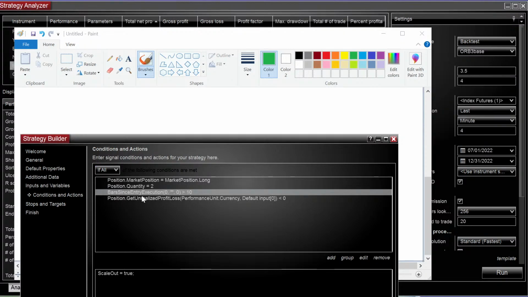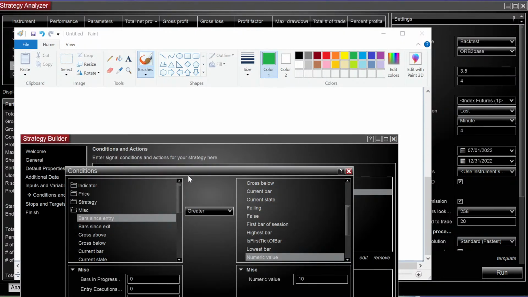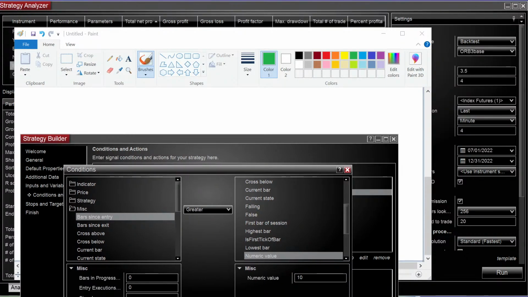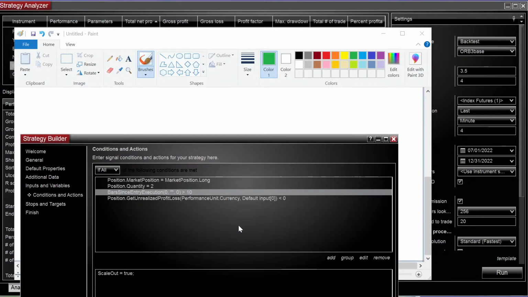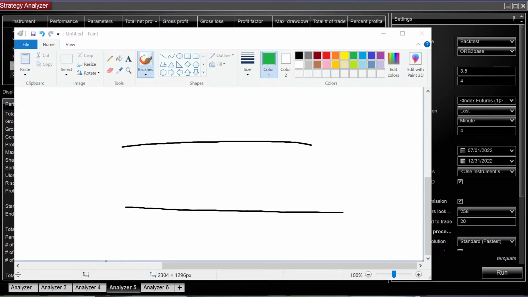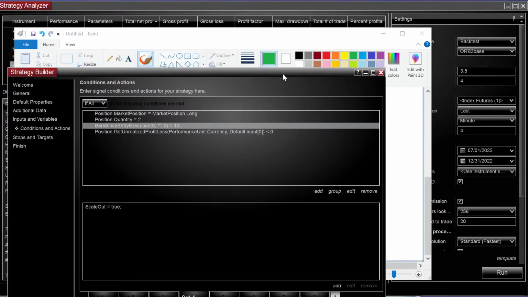I'm pulling it up. It's up on the chart now. Bar since entry is greater than 10. Okay, I see. So once we have 10 bars, we exit, we scale out. Right? We set the scale out variable to true. Then once the variable is set to true, we do what next?